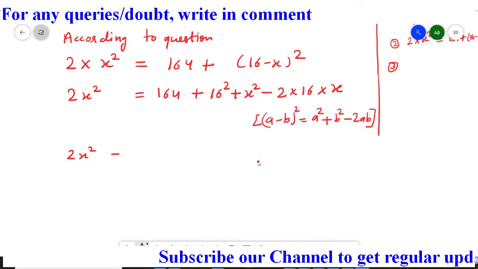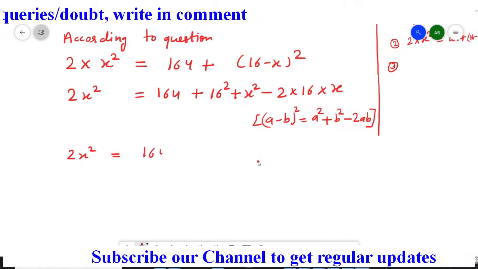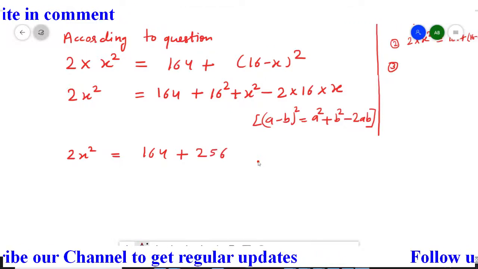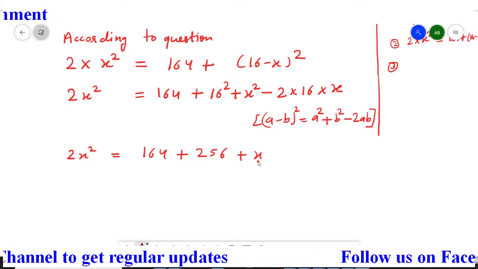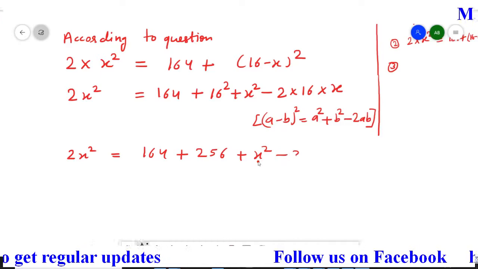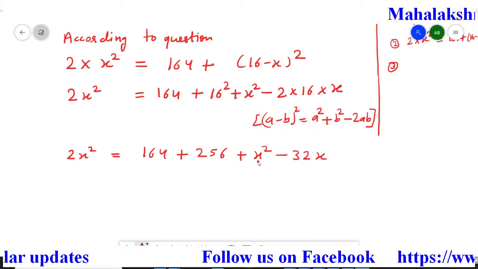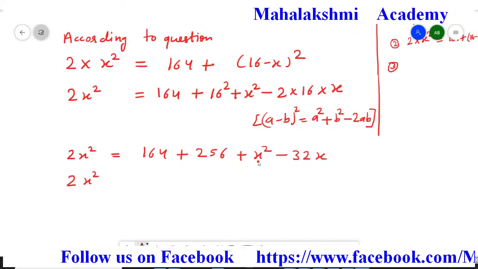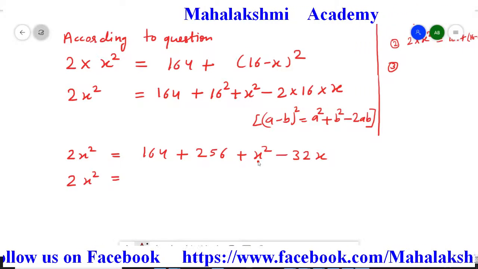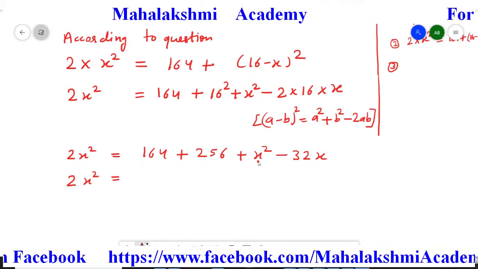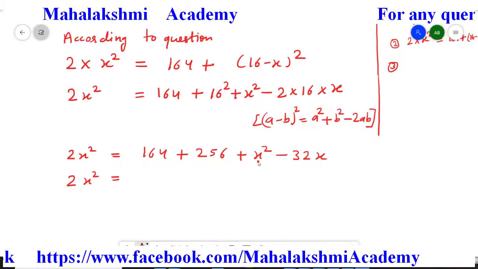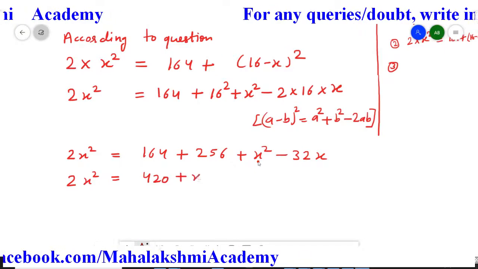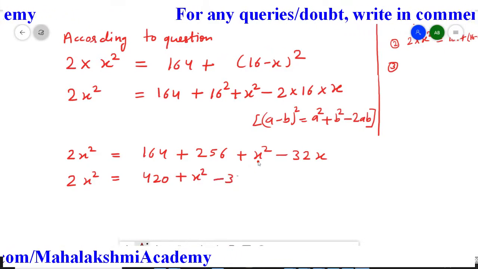2x square is equal to 164 and 16 square is 256 plus x square minus 32x. Now further we'll simplify, 2x square is equal to, when we add 164 and 256 we'll get 420 plus x square minus 32x.